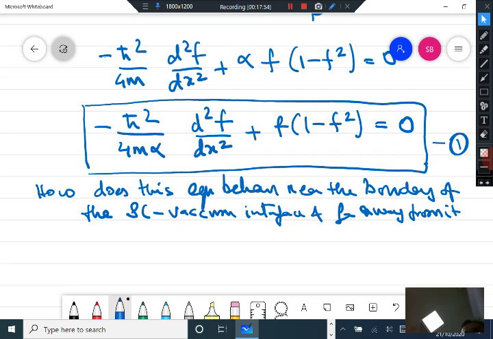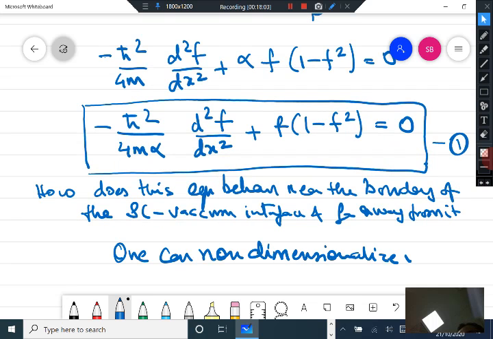Now, if you look at the above expression, one can non-dimensionalize it. You know that if you have a differential equation here, these are dimensionful quantities. X has dimensions of length.